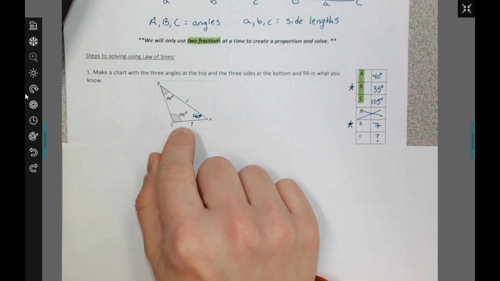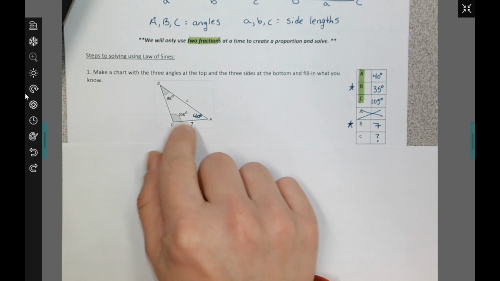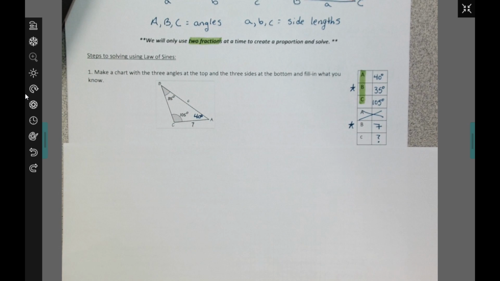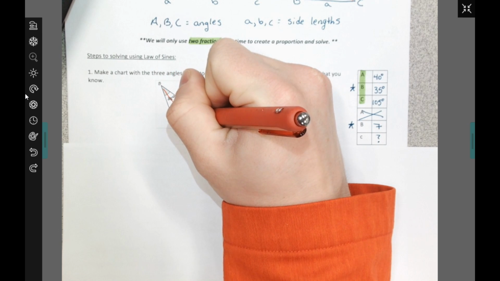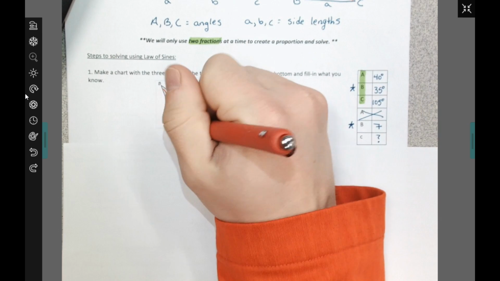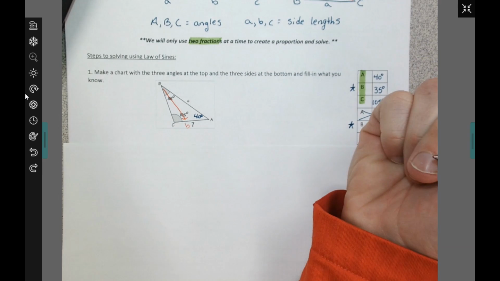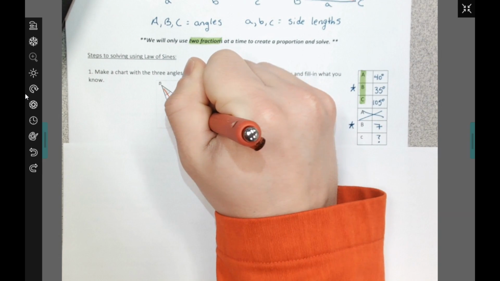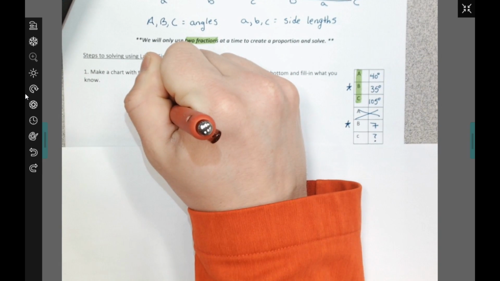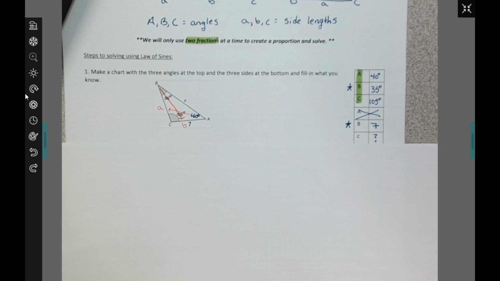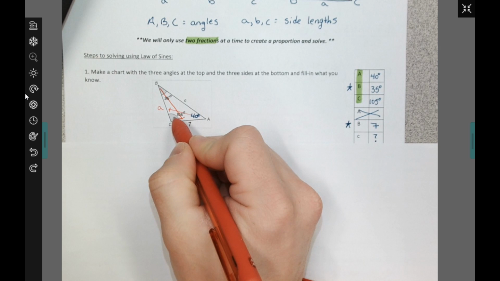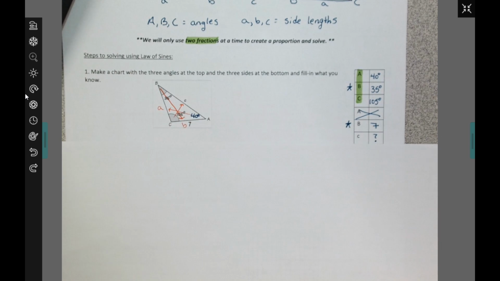In this triangle, the only side they gave me was side B. I know it's side B because if I draw a line coming straight out from angle B, the side it hits is going to be side B. You can say the same thing for A: if I draw a line straight out from A, the side that it hits is going to be side A. And here you already see that C goes with C.